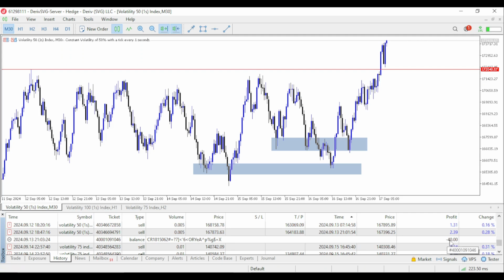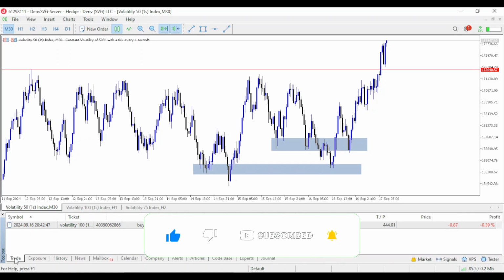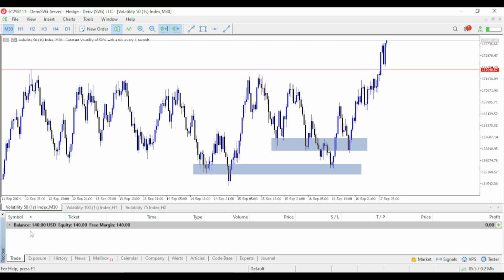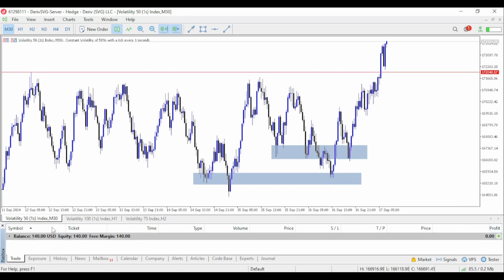You can see it here on my account: the first withdrawal $40, the second withdrawal 58.35, and the third withdrawal was yesterday, 54.63. We've made those withdrawals, and the account still remains with $140, and this is just from the $20 deposit that we made.